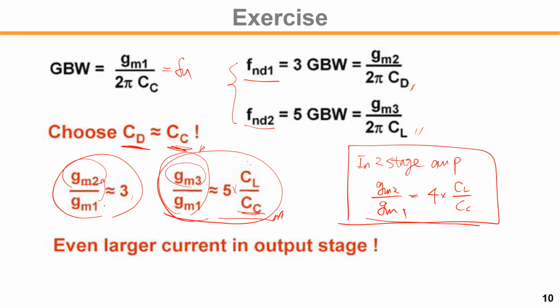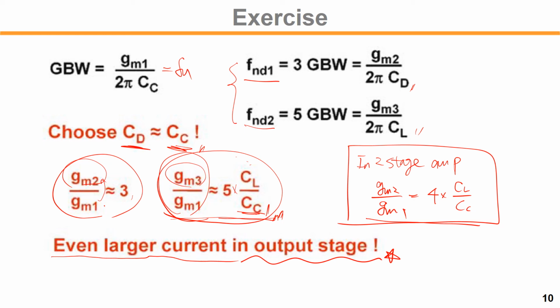In a three-stage amplifier, we get about 5 times larger CL over CC. So in this three-stage amplifier, it requires even larger current in the output stages. If you use this kind of compensation, it will result in a much larger current at the output.